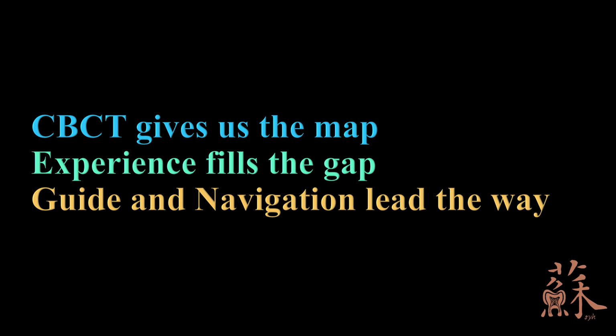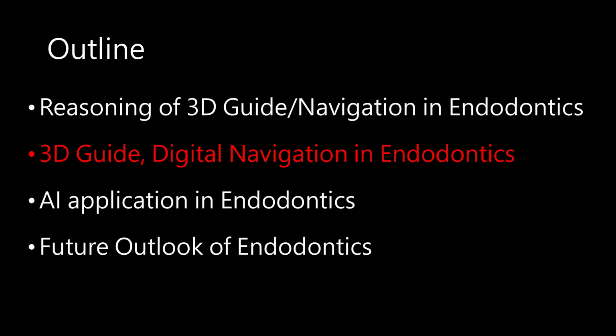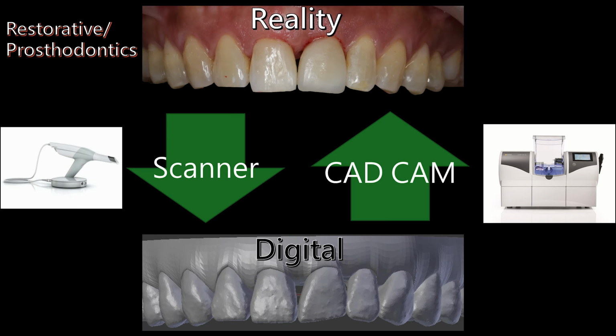And so here is the second part, the 3D guide and digital navigation. I don't know if any of you do restoration or orthodontics or single crown and bridge. If you are doing this, you know that we have a lot of digital tools that we can use.